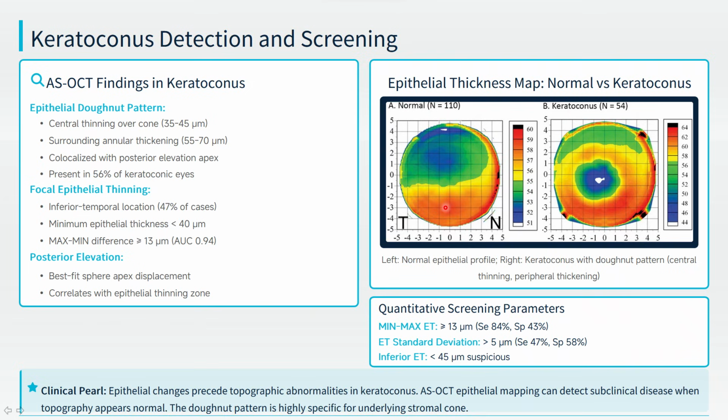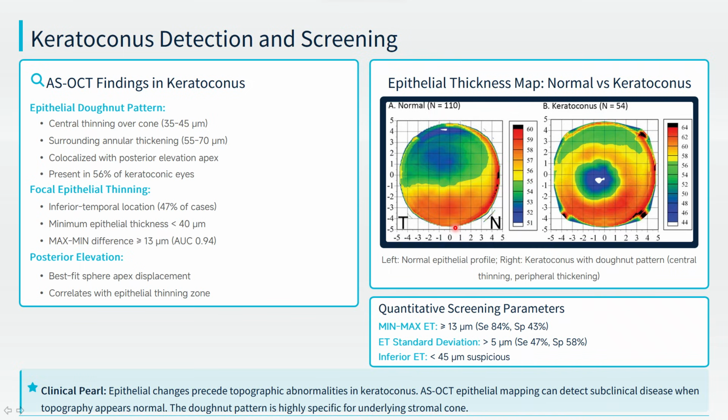The redness indicates thicker epithelium compared to the superior, and this is perhaps due to the mechanical rubbing effect of the eyelid. That's why the superior epithelium is thinner compared to the inferior epithelium. This is the normal appearance and distribution of the epithelium in the normal cornea.